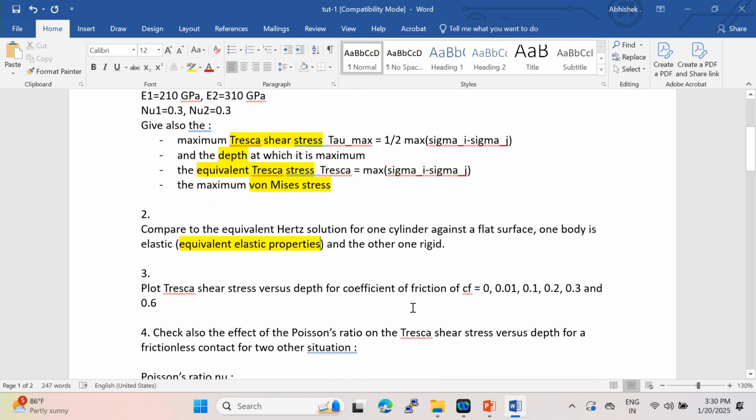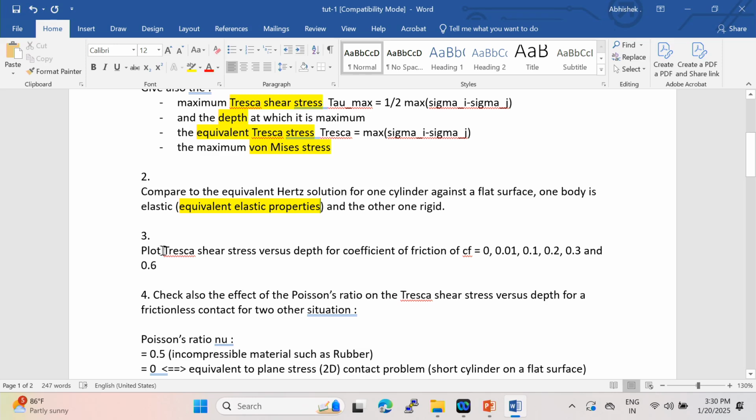And then I would like you to have a look at the equivalent Tresca stress. This is maybe not the Tresca shear stress; I think in the file I gave you, it's the equivalent Tresca stress.